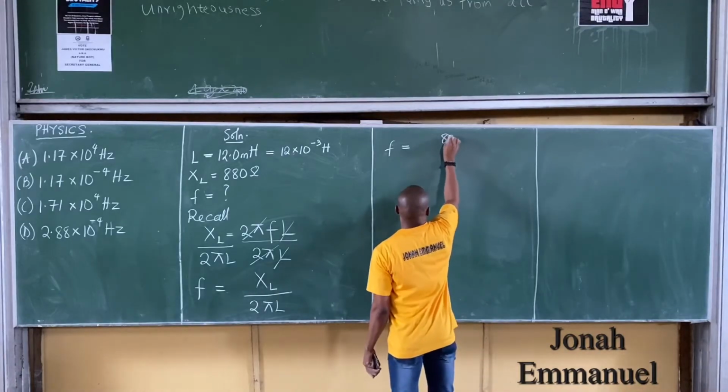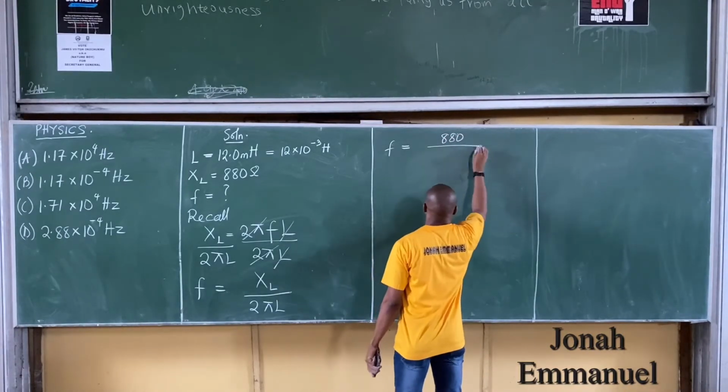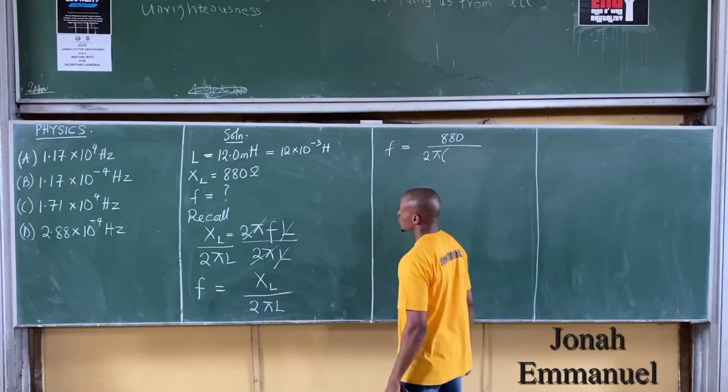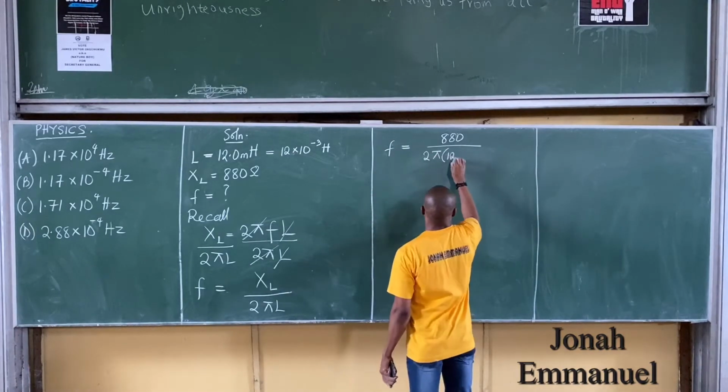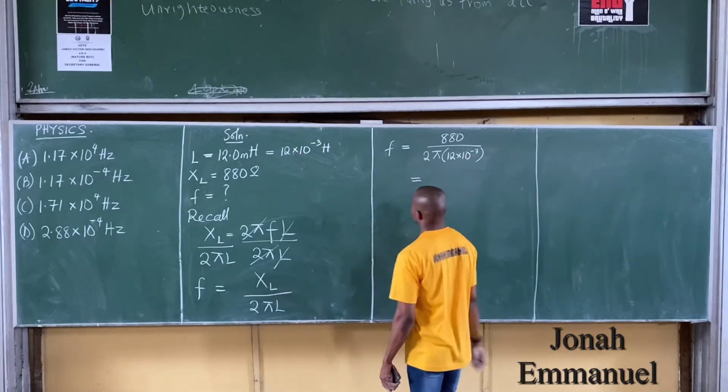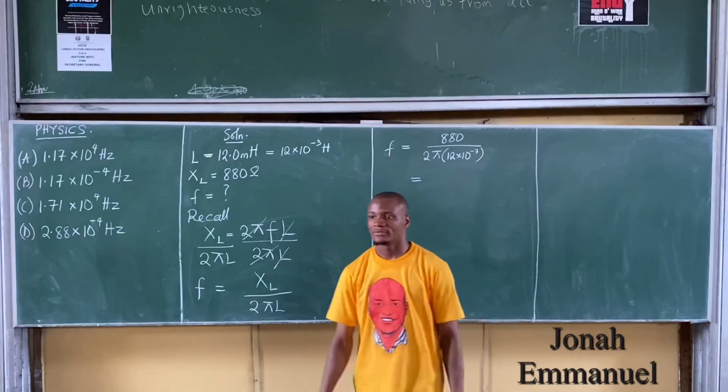So f becomes 880 all over 2 times pi times L, which is 12 times 10 to the power minus 3. Please give me the value.